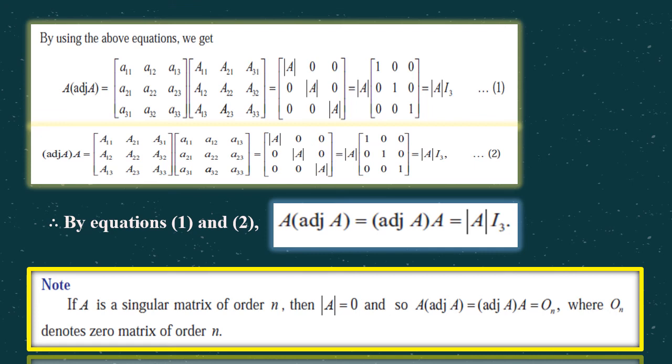So determinant A being 0 means 0 into I3, that is 0. So we get a zero matrix. It is not simply a zero number, because multiplying two matrices, the resultant will again be a matrix. So we get a zero matrix of the same order.